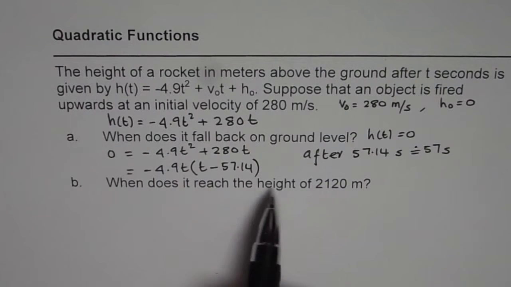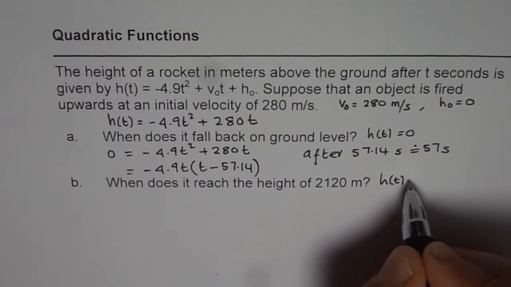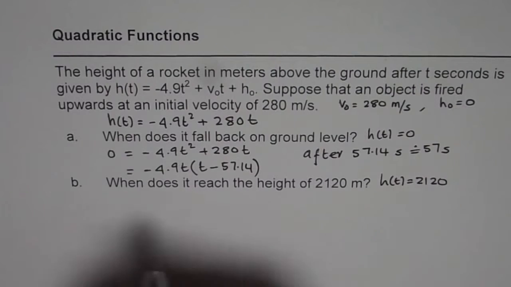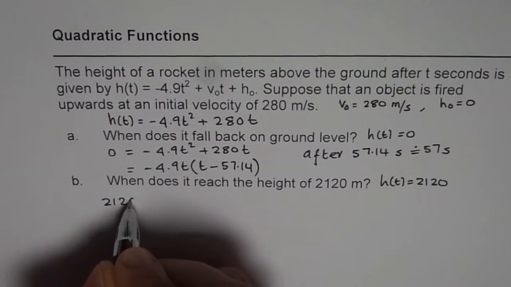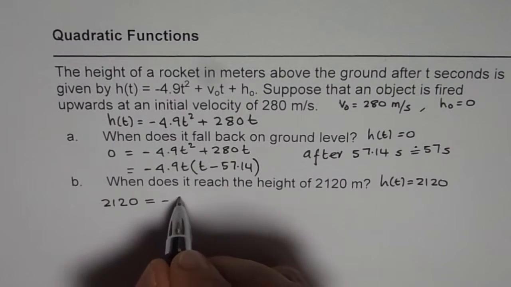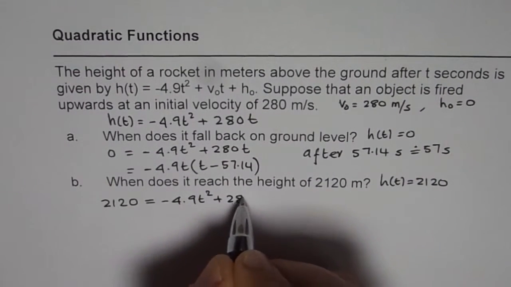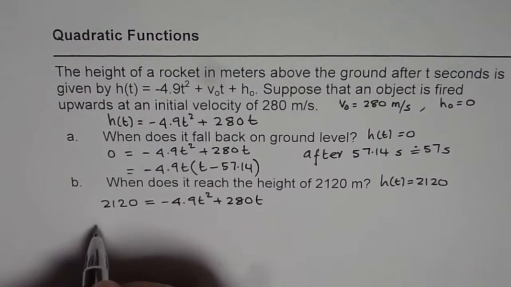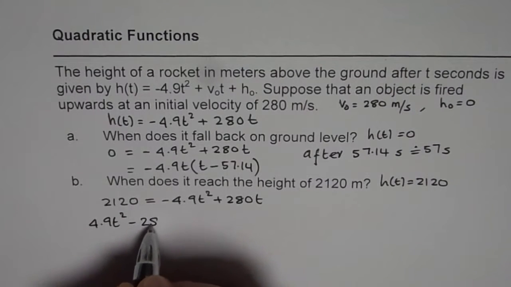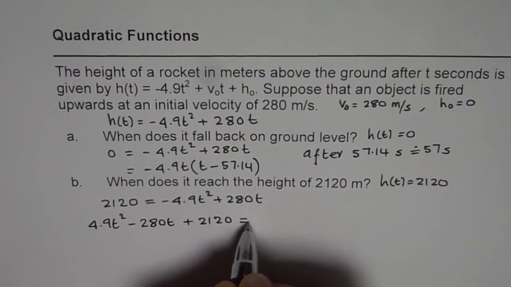When does it reach the height of 2120? That means h(t) = 2120. So we'll equate h(t) as 2120 in the original formula, which is -4.9t² + 280t. Rearranging, we get 4.9t² - 280t + 2120 = 0.